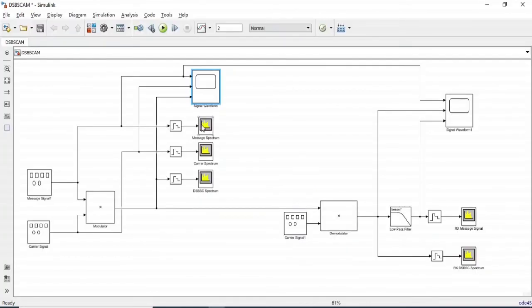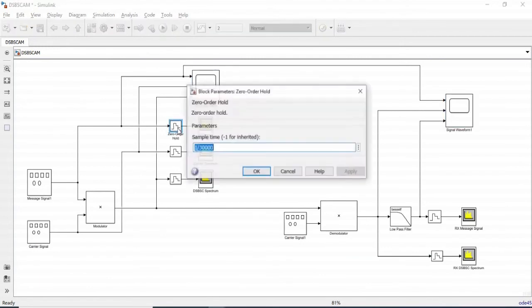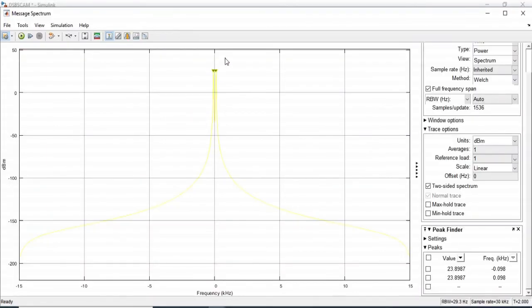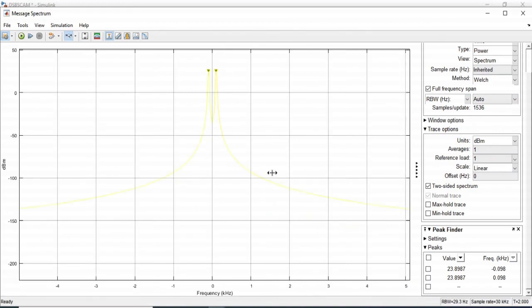So in terms of spectrum, note that we have used a zero order hold with this sample time throughout. This is our spectrum of the message signal, which is roughly at plus minus 100 Hertz as defined earlier.